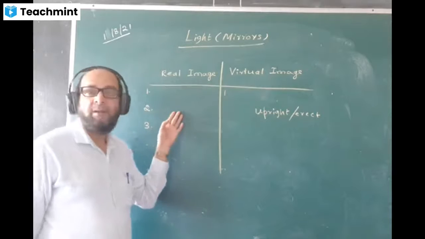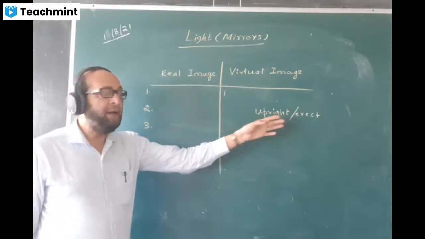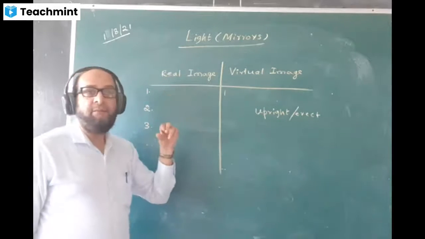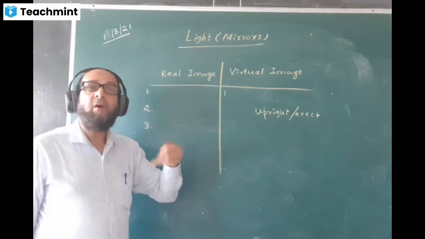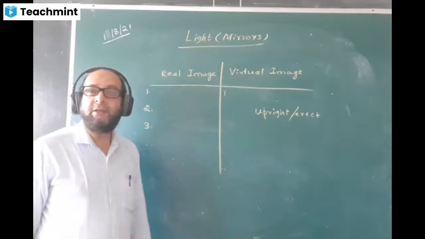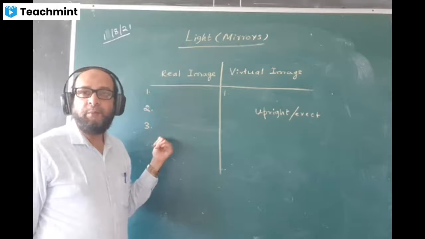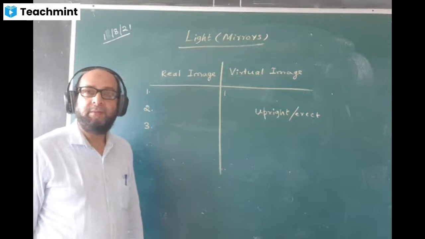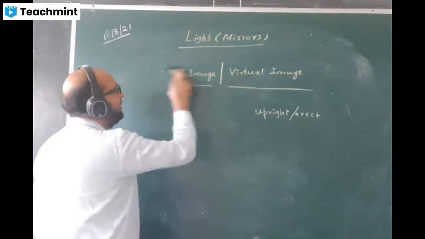Inverted image will be real image, and upright or erect image will be virtual image. Real image is formed when the rays of light after reflection or refraction actually meet. Here they will not meet actually, but will appear to meet. The real image can be obtained on the screen. Virtual image cannot be obtained on the screen. These are the points of difference between the real image and the virtual image.